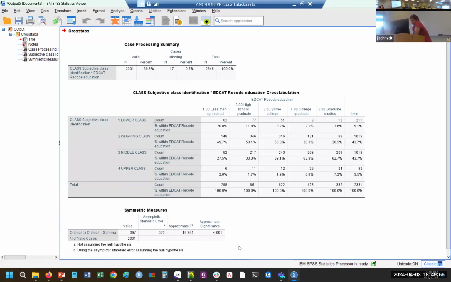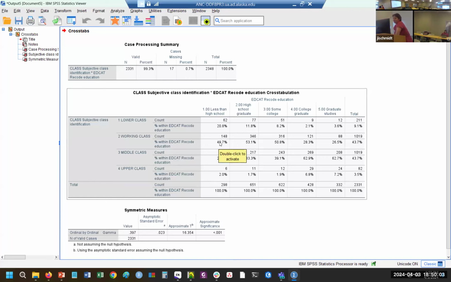Looking at less than high school, working class is where you find people who have less than a high school education. That's what social class they tend to fall into. And if we go to the other extreme, if we look at graduate studies, that's interesting, the middle class.